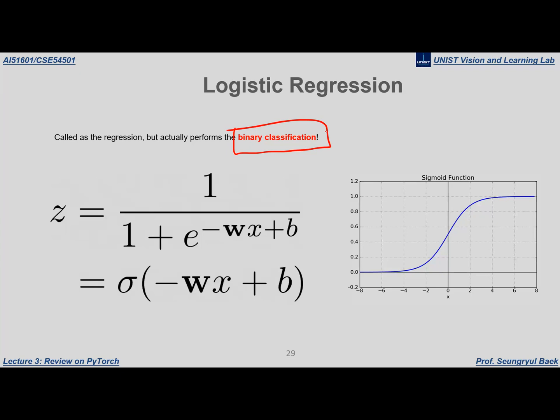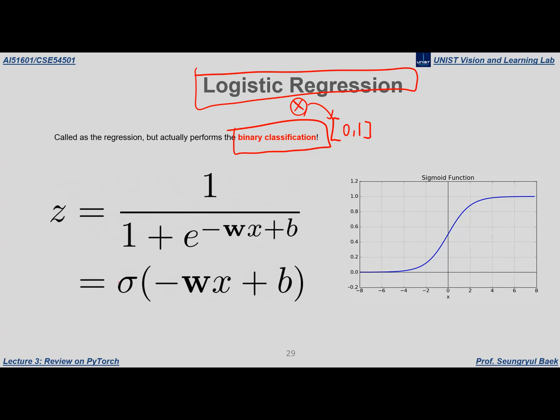So in the binary classification task, there are only two labels, 0 and 1. The X input needs to be classified into class 0 or 1, okay? This is the binary classification, and actually the primitive algorithm that conducts this binary classification is called the logistic regression, okay?